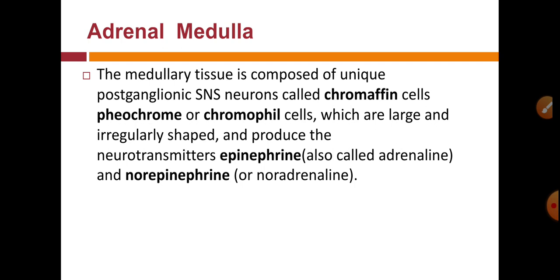I have just told you that the sympathetic nervous system and adrenal medulla both are developed from the neural crest during the embryonic stage, and as both parts are developed from the neural crest, they are neuronal in origin.